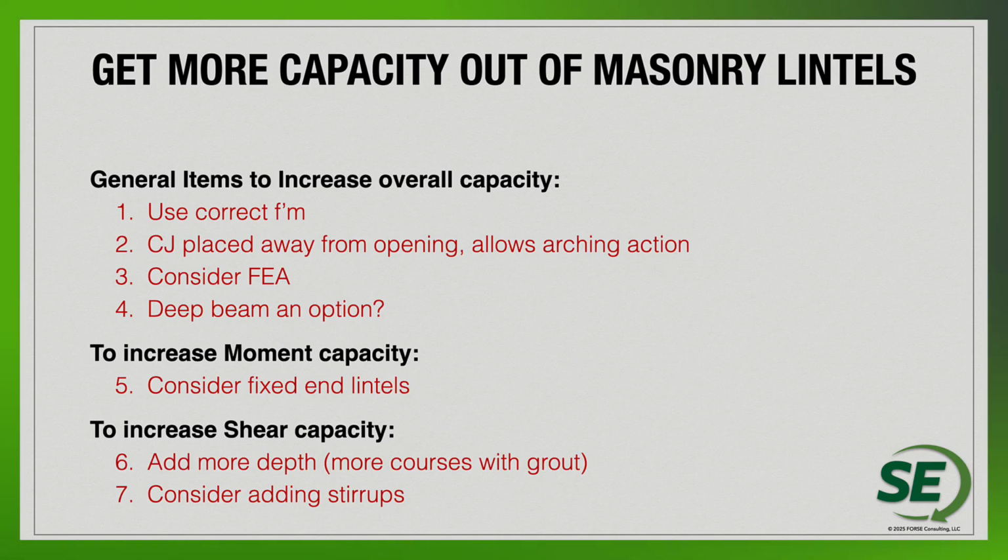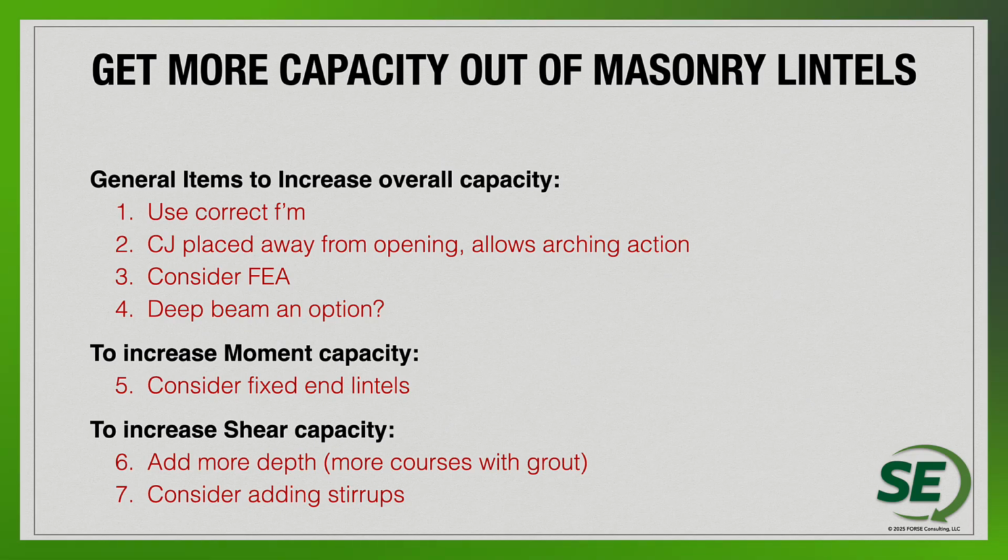To increase moment capacity, certainly considering those ends being fixed increases the capacity of the masonry lintel for the depth that you're considering. Certainly you could just add more depth, which would be step number 6 under increasing shear capacity, making sure that you have sufficient capacity by simply adding more courses with grout.